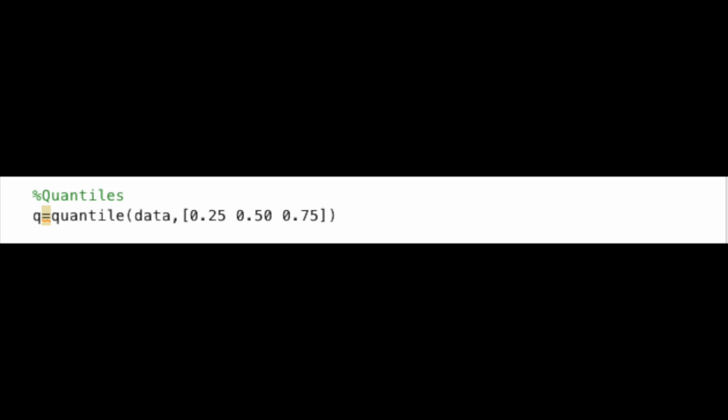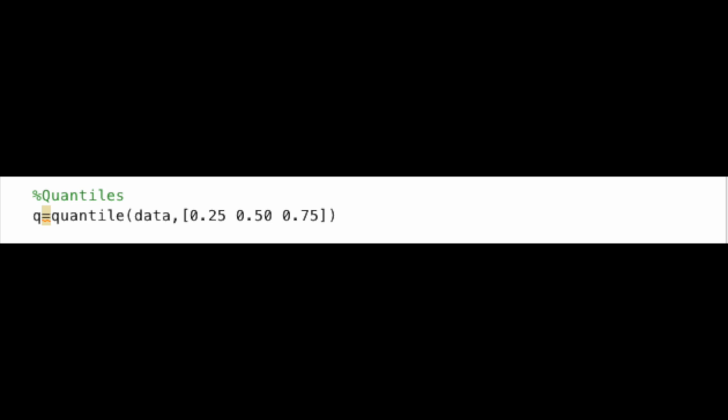We'll continue computing descriptive statistics of our data set by finding its quartiles. Matlab has a function called quantile that can calculate quartiles, but it can also calculate more general quantiles broken up over any range of percentages. To cause this to compute the quartiles of our data, we've got to tell the function about our data set. So the first input that we supply is the name of the variable containing our data set, data in this case.